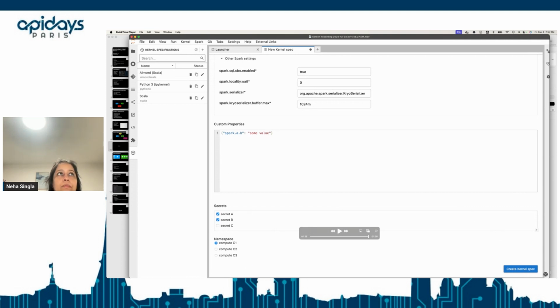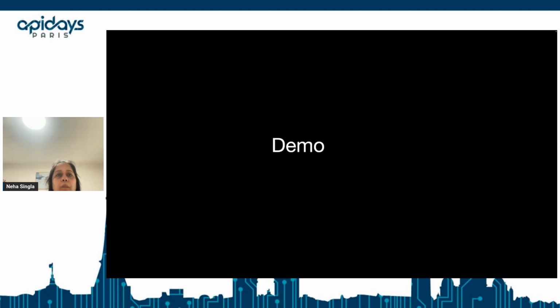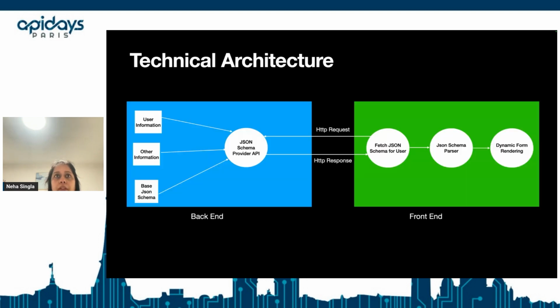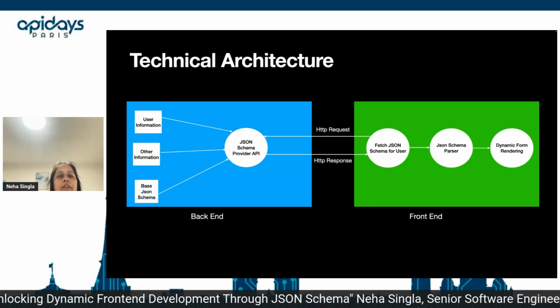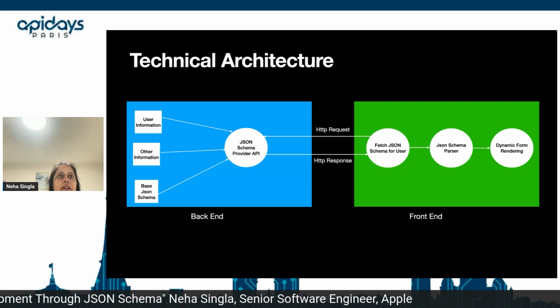So, let's deep dive into the benefits of this approach. If you look at the technical architecture, we have the backend and the front end. The backend has a JSON schema provider API.